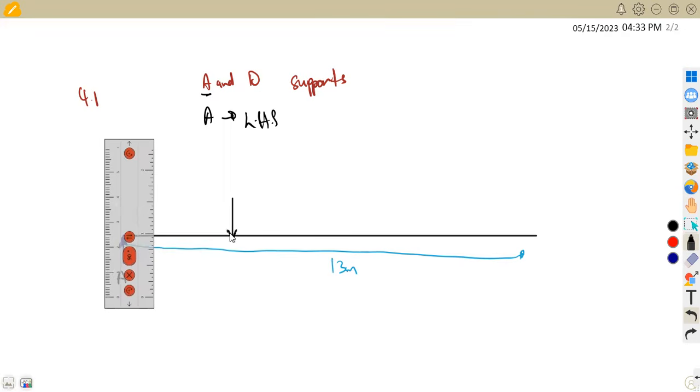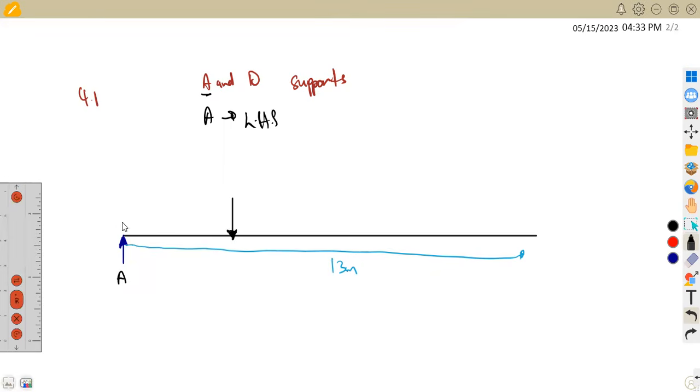This is the first point load, at B, at a distance of 6 meters from A. So this is 6 meters, and our point load here is 10 kilonewton.